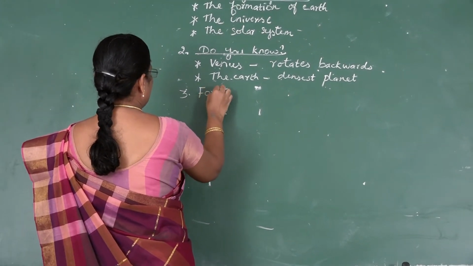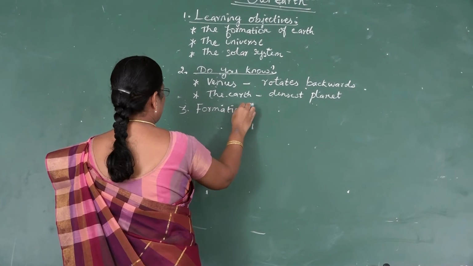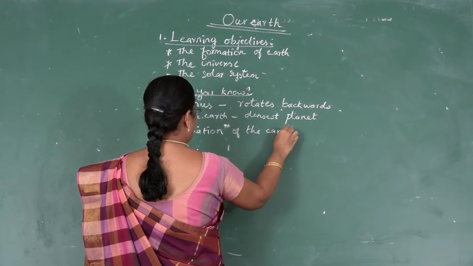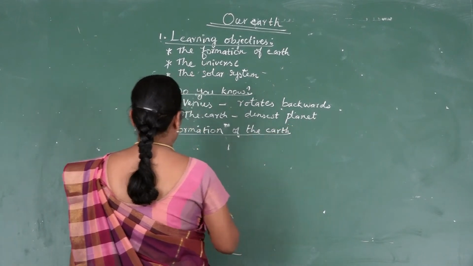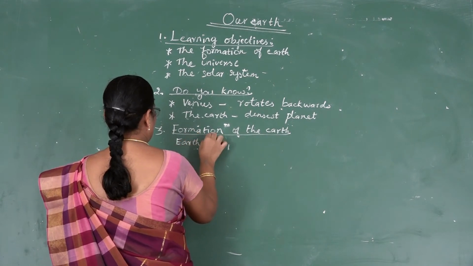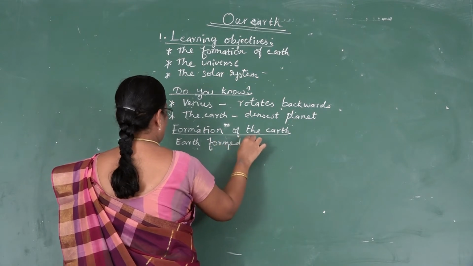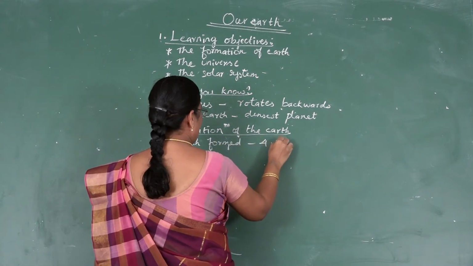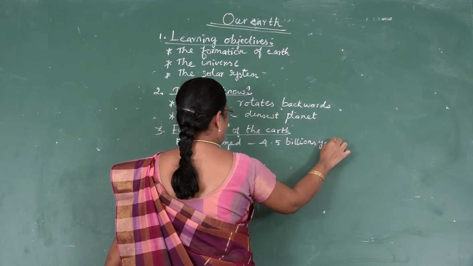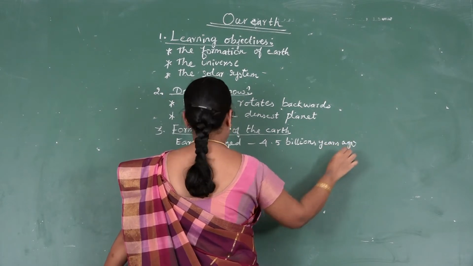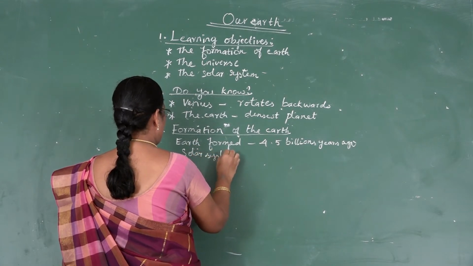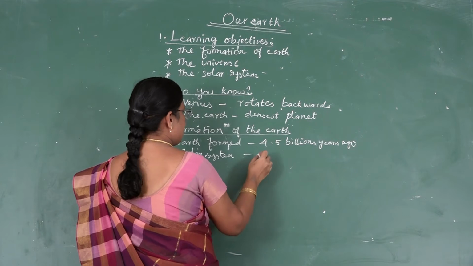Formation of the Earth. Earth formed, made of the cloud of dust and gas.